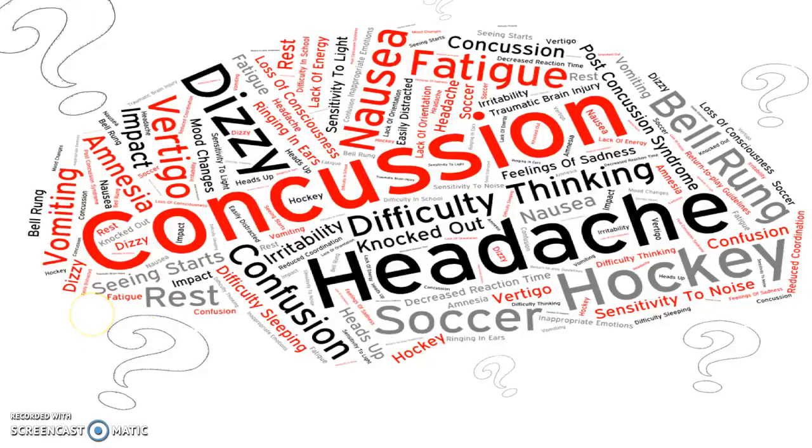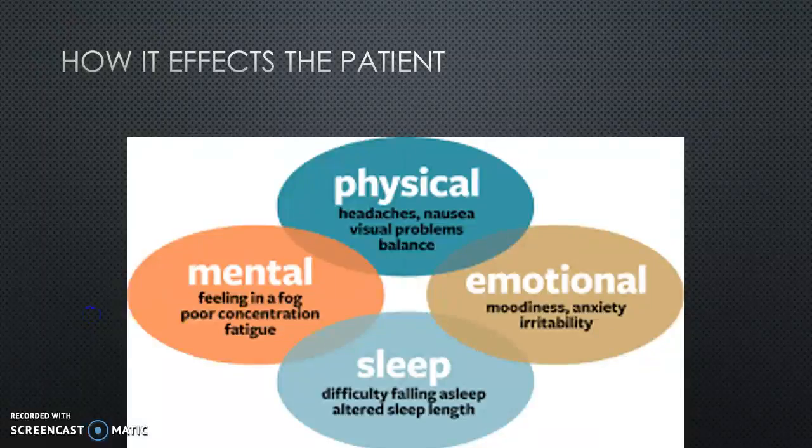But a concussion can affect an individual on several different levels, such as physical, emotional, sleep, and mental states. A concussion can affect all four of these, though it can just affect one or two. It doesn't necessarily have to affect all of them to be diagnosed as a concussion.